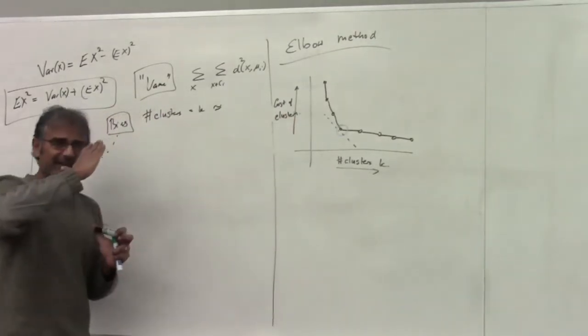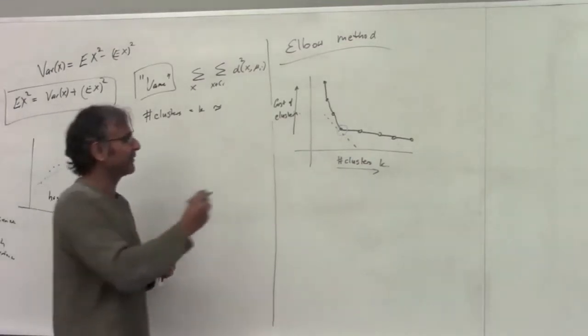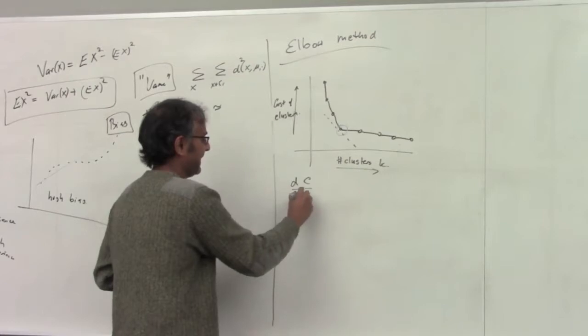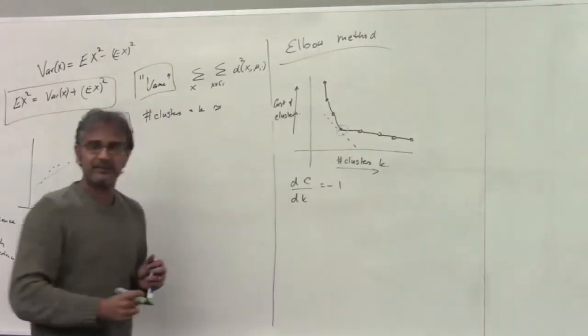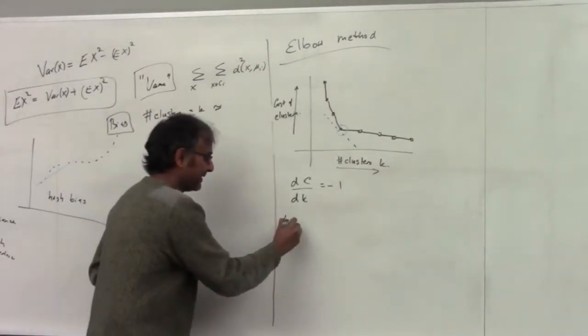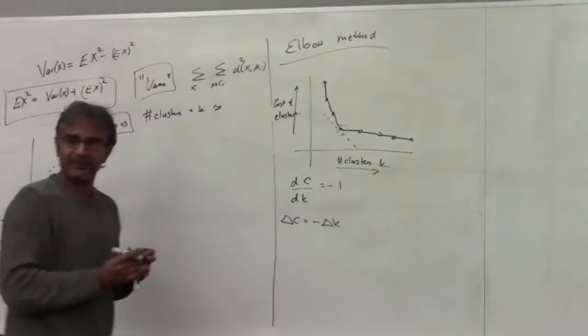Because -1 is the exact point at which, if you're saying that d cost by dk is equal to -1, suppose you're looking at this point, then approximately delta c is equal to minus delta k, right?